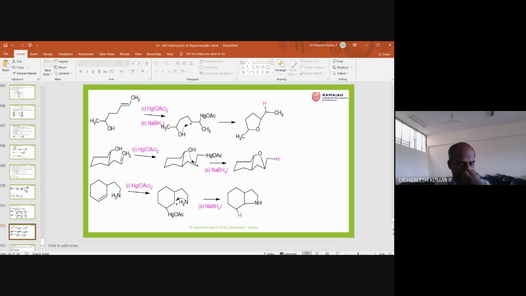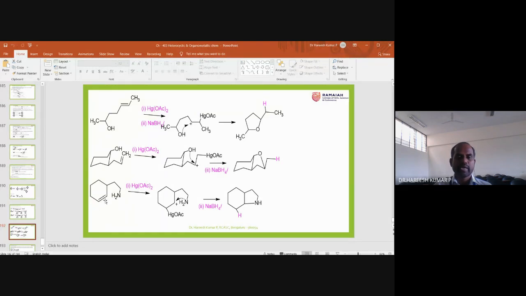Okay, and then what will happen? So this is one more compound. What is the name of this compound? Cyclohexylethylamine, more particularly, since a double bond is there, cyclohexenylethylamine. When it is treated with mercuric acetate, this is the double bond.